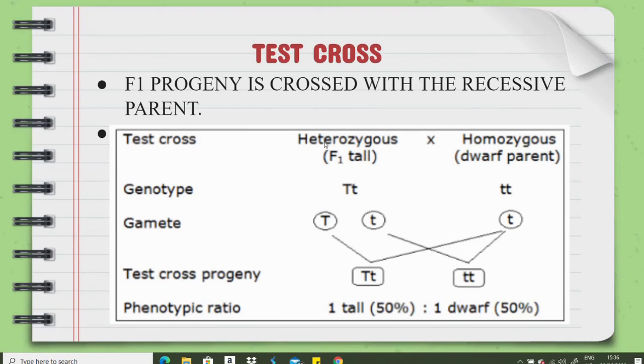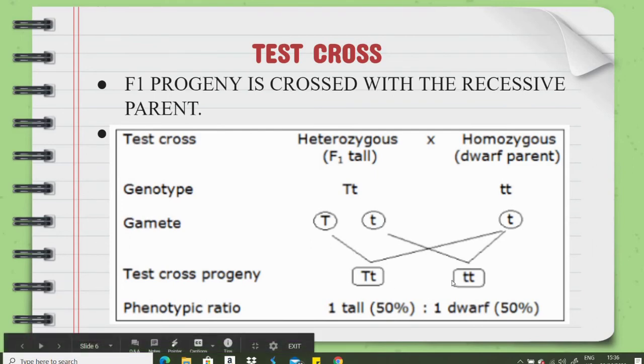See, all the F1 plants will be heterozygous, capital T small t, and the recessive parent is homozygous, small t small t. The gametes produced will be capital T and small t from this parent, and from this parent both small t and small t, and when they fuse they will produce a progeny called the test cross progeny, which is capital T small t and small t small t.